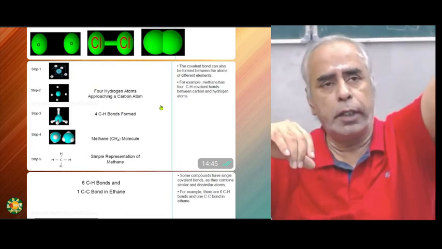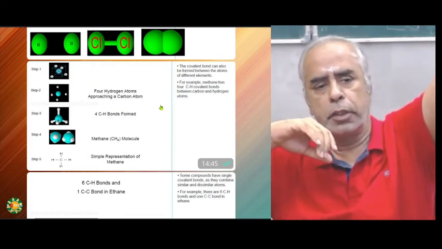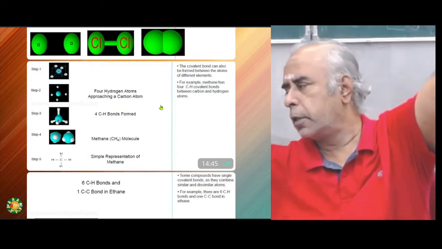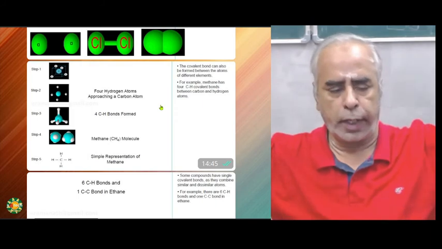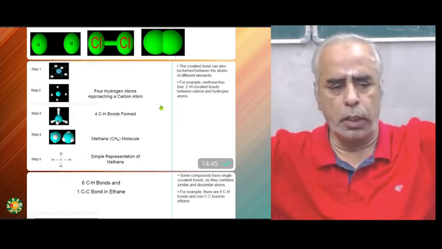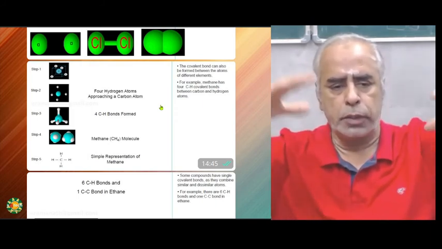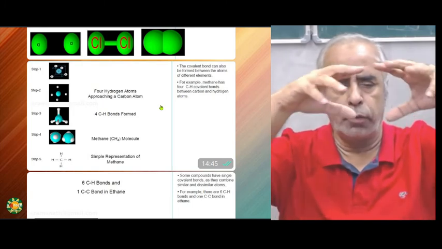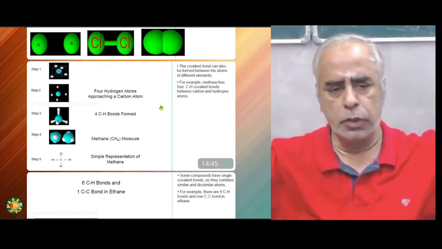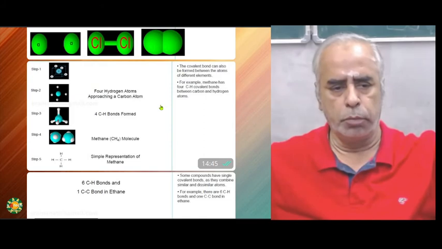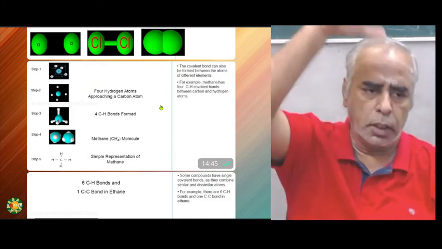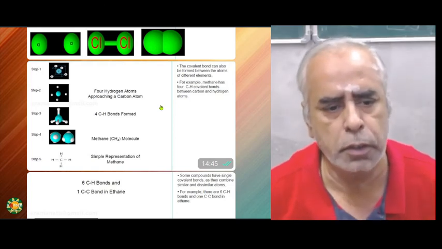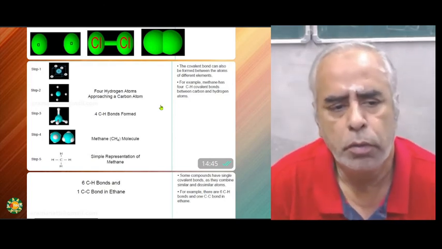So on one end you have got hydrogen, and another hydrogen, another hydrogen, another hydrogen, like a tripod of a camera. So on a tripod of a camera, instead of the camera, I have fixed this carbon, and the legs are bonded by the hydrogen. Do you understand? And I have fixed another hydrogen there. Now that is called the tetrahedral structure of methane.